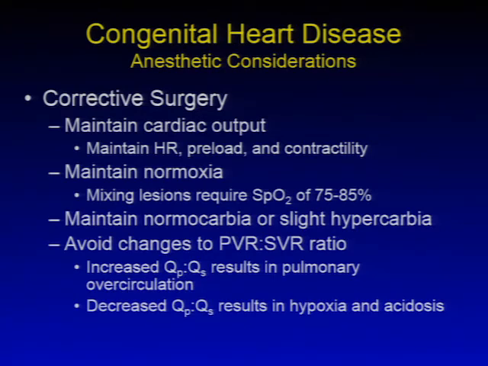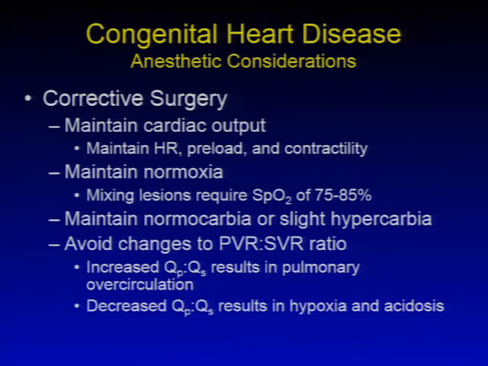Preload is also important to maintain. Prolonged NPO status should be avoided, and an IV should be placed preoperatively, and the child should be given appropriate fluids. And finally, contractility may need to be augmented by epinephrine or milrinone.